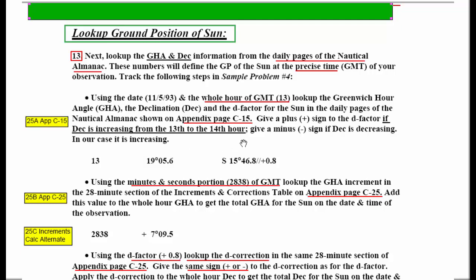So that's the daily page. Give a plus sign to the D factor if DEC is increasing from the 13th to the 14th hour, and give a minus sign if DEC is decreasing between the 13th and 14th hour. In our case, it is increasing, and here's the results of our lookup, but let's look at the table.